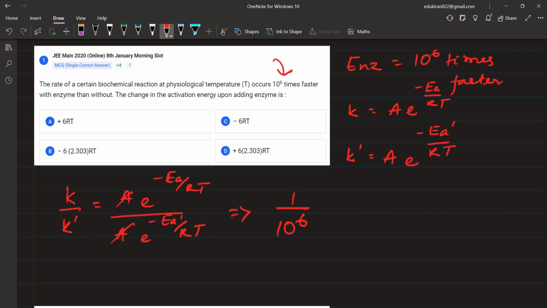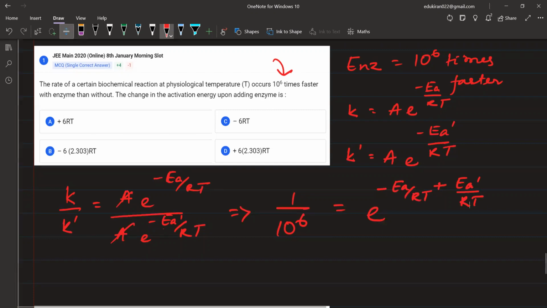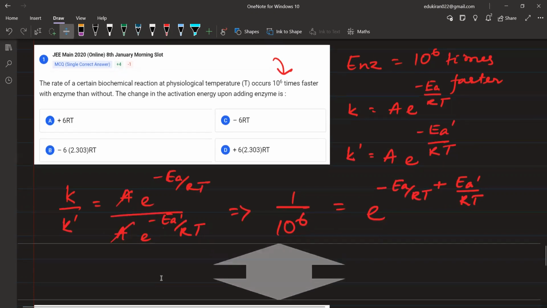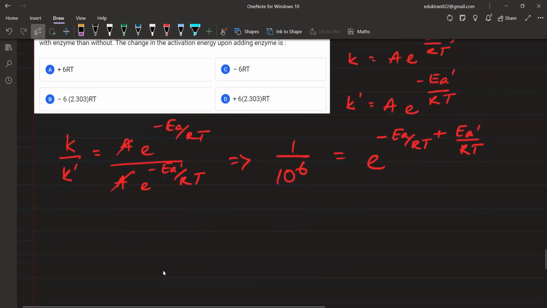Okay, I can write this as e to the power, the minus goes up and becomes plus, so this will be minus EA upon RT plus EA dash upon RT. Is that right? Yes, sir. Can you calculate further? Yes, sir.